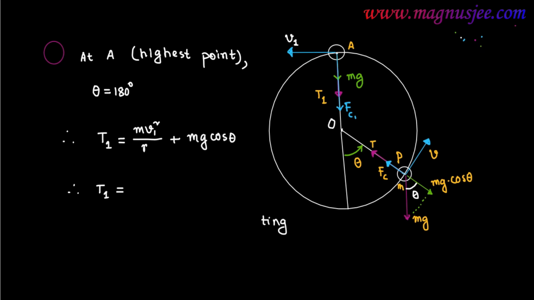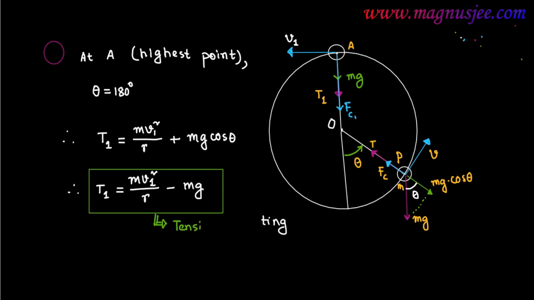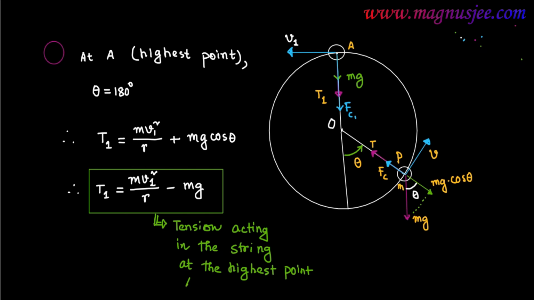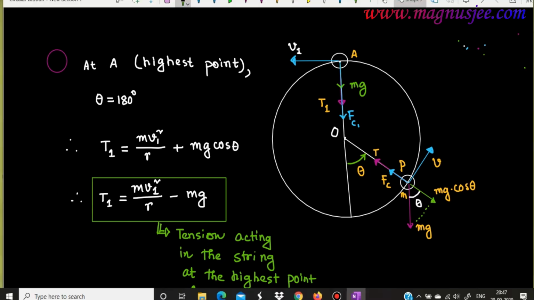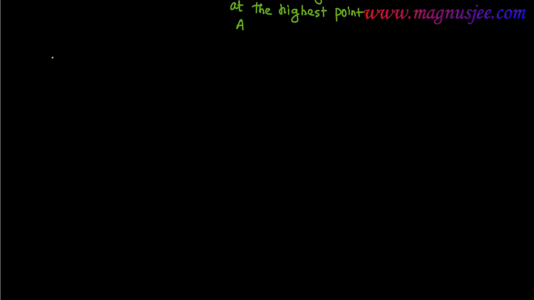Putting in theta equals 180 degrees, T1 equals mv1 square by r minus mg, because cos 180 degrees is minus 1. That is the tension acting in the string at the highest point A. So we can find the expression of tension acting in the string at the highest point or lowest point by using the general formula.